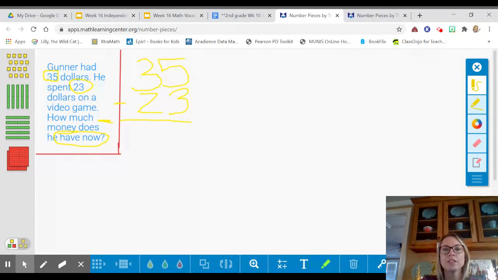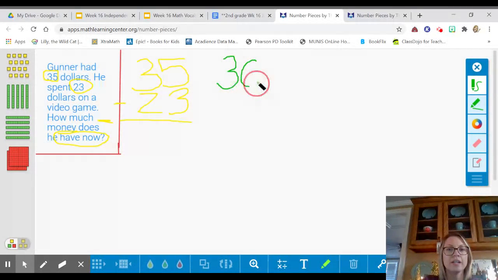For this problem, I'm going to use the expanded form method to solve it. Remember, expanded form is breaking the number apart by its value. I'm going to look at 35 first since it's my biggest number, and I know the value of 3 tens is 30. That's right.